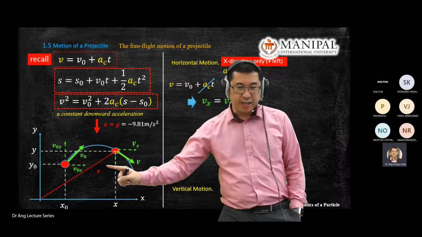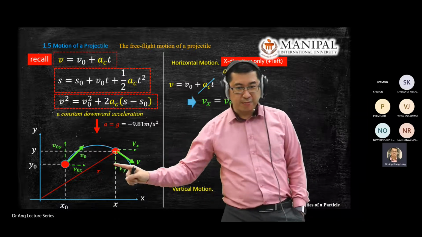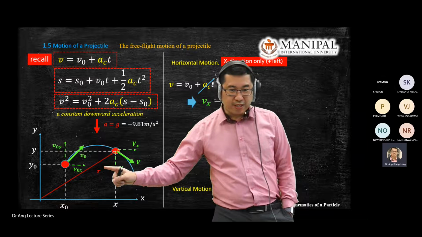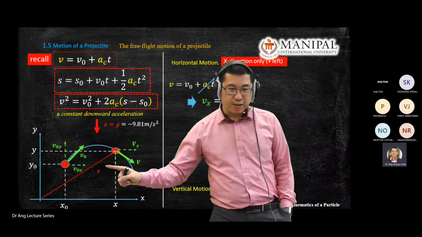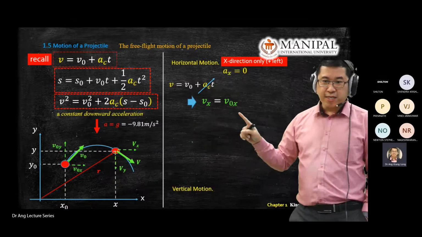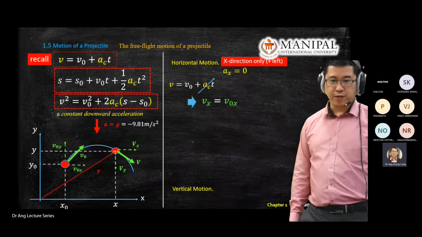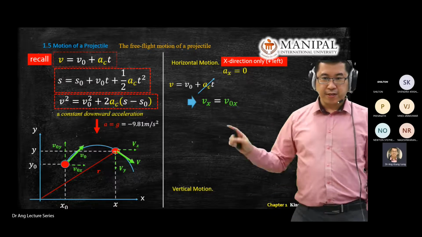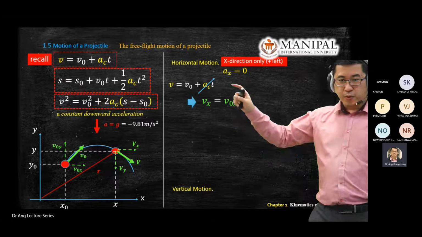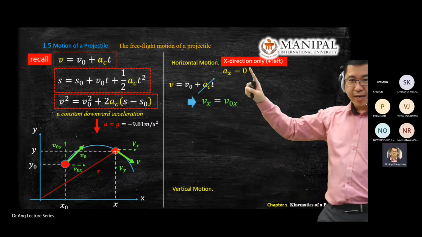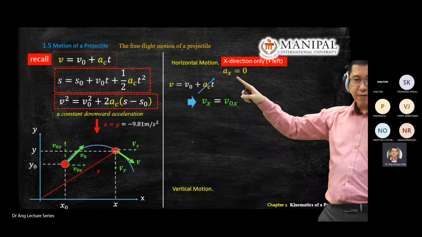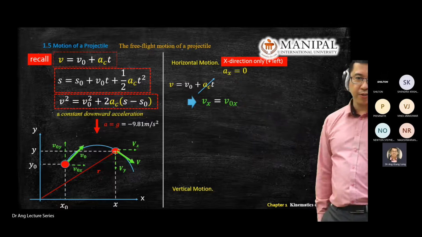Sorry, my finger cannot go further because of my green screen limitation. You see this green arrow, Vox, it will always have the same magnitude. This is the first conclusion we get from the Newton equation and the understanding of the acceleration magnitude in the x direction.